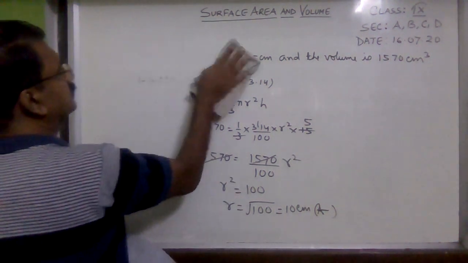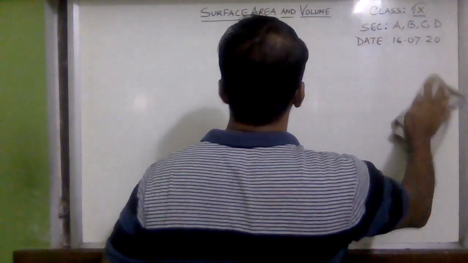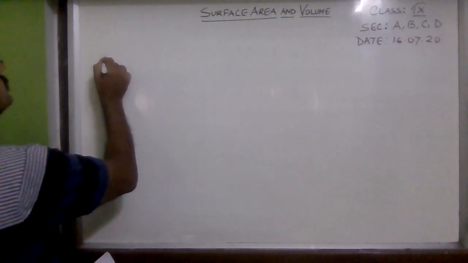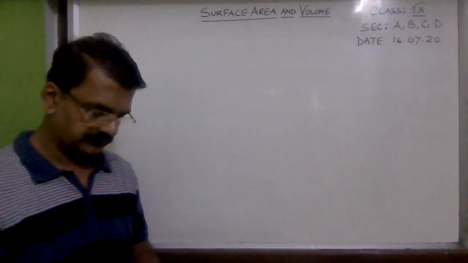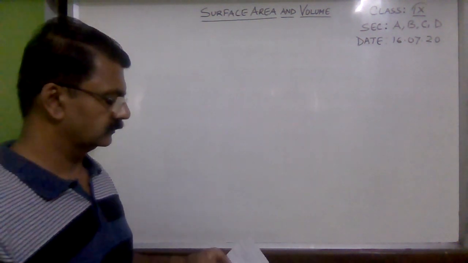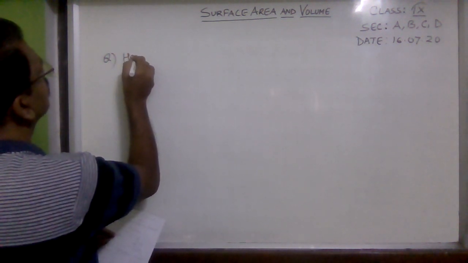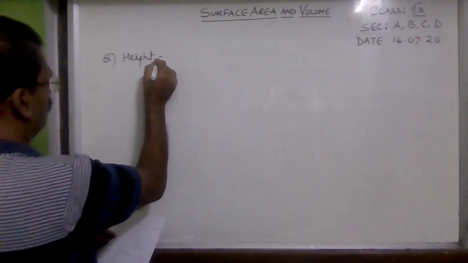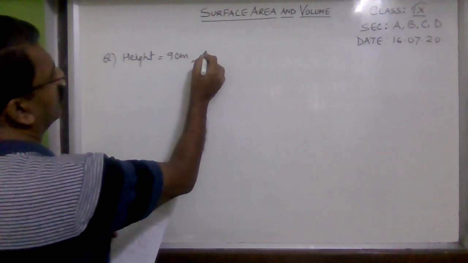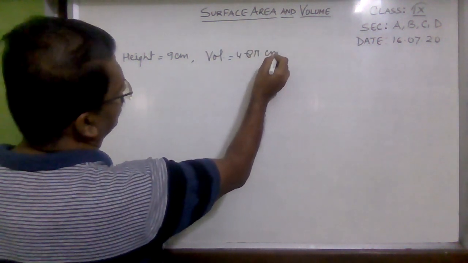Now the next question. In the next question, height of the cone is given 9 centimeter and the volume is given 48 pi centimeter cube.